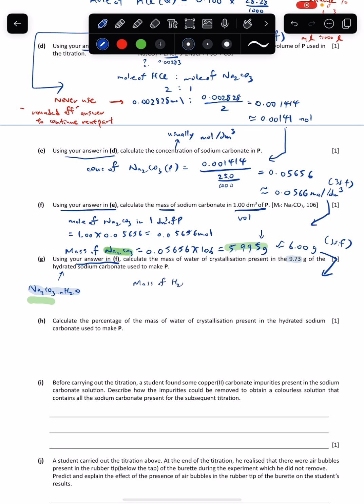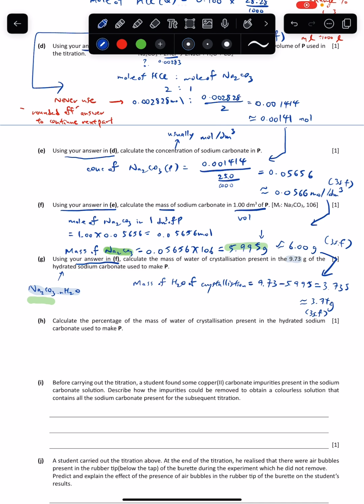So the mass of water of crystallization, the water that's behind, the 10H2O or whatever, is 9.73 minus 5.995 equals 3.735, which is 3.74 gram, 3SF.